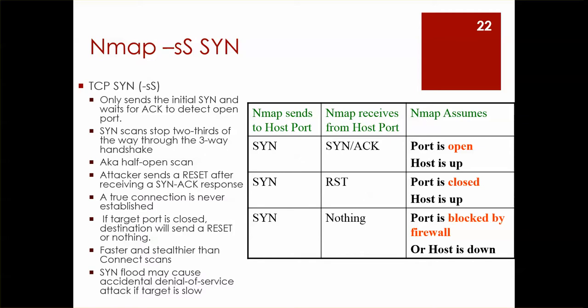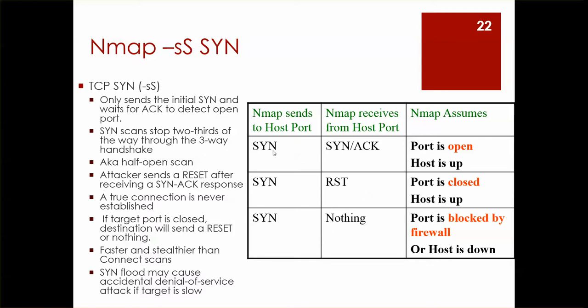Nmap sends a SYN to the host port, and if Nmap receives a SYN-ACK from the host, the port is open and the host is up. If Nmap sends a SYN and receives a reset, it means the port is closed and the host is still up, because it received the reset.